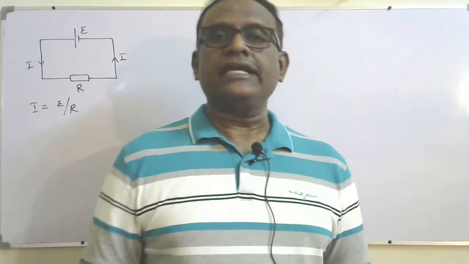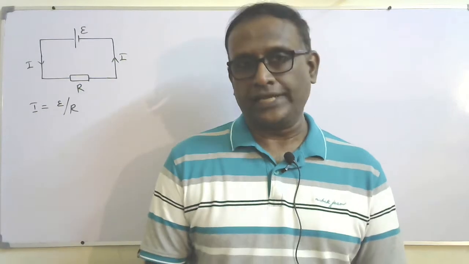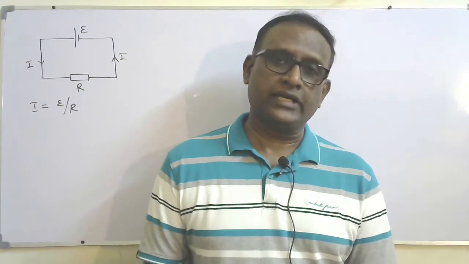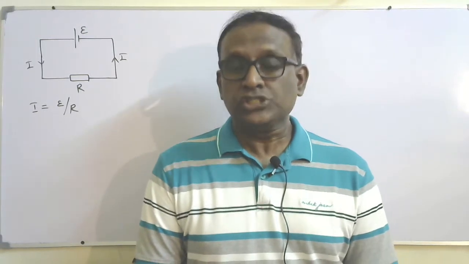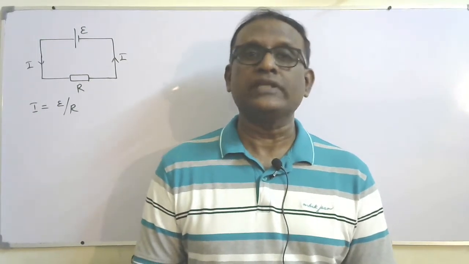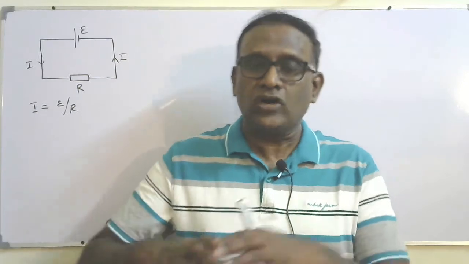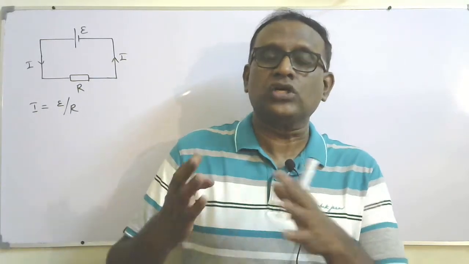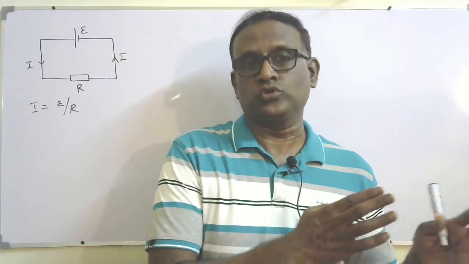An ammeter always reads the current flowing through it. So if you want to measure the current flowing through a component, the ammeter should be connected in series with that component. Then only, without splitting the current, the same current that is flowing through the component will also flow through the ammeter.